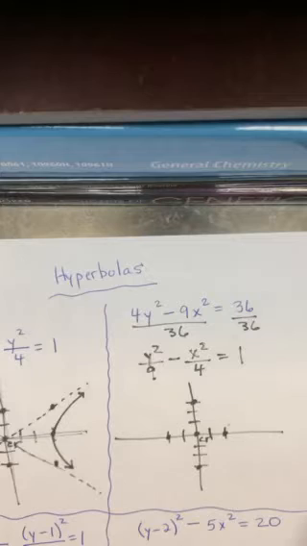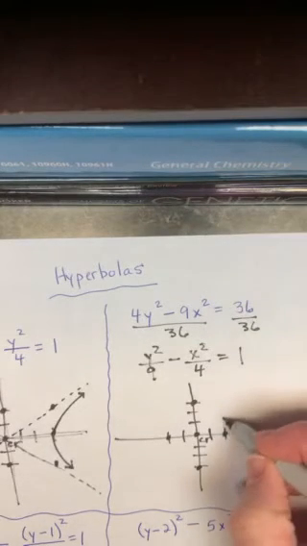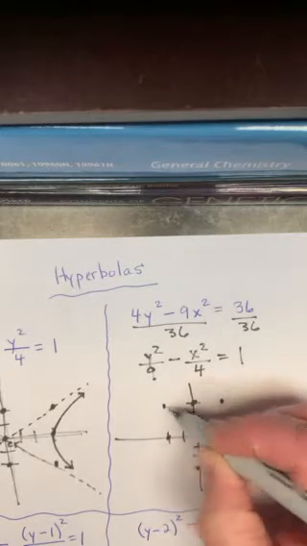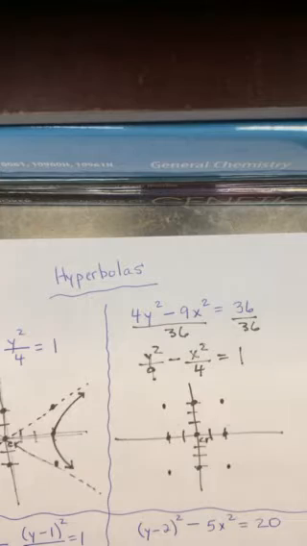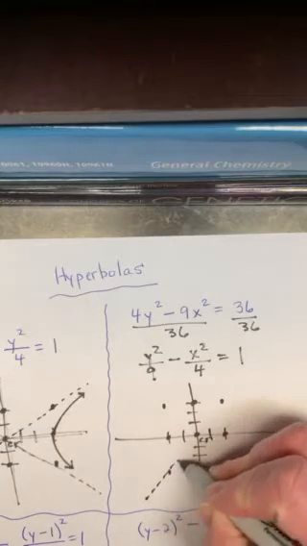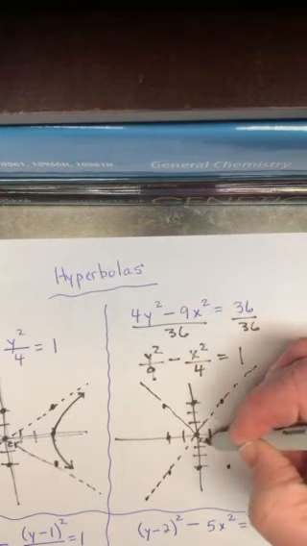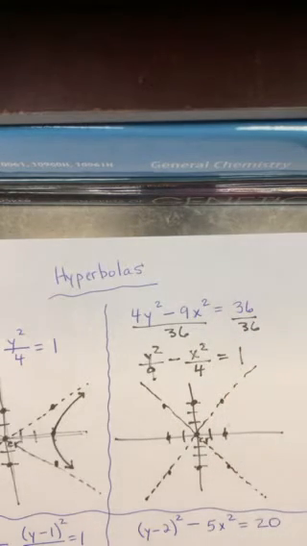And once again, instead of connecting and making an elliptical shape, I'm going to go up and make a corner, down and make a corner, up and make a corner, down and make a corner. Those corners are used for the 2 asymptotes that are important imaginary lines because they're going to guide how wide I'm about to draw my picture.